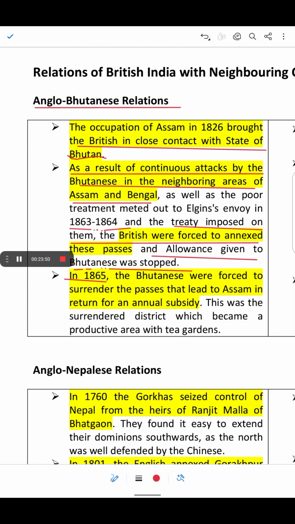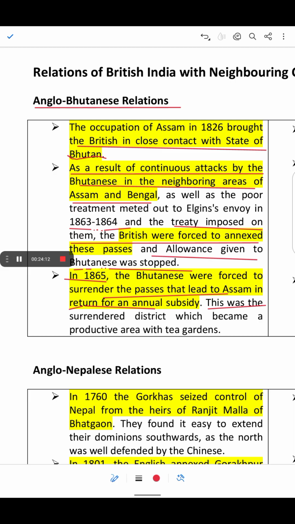In 1865, the Bhutanese were forced to surrender the passes that led to Assam in return for an annual subsidy. This was the surrendered district, which became a productive area with tea gardens.